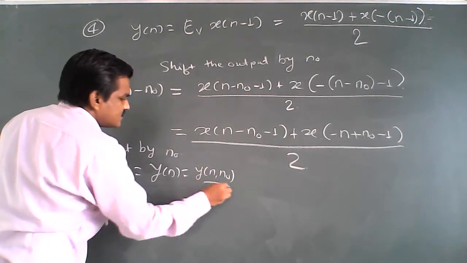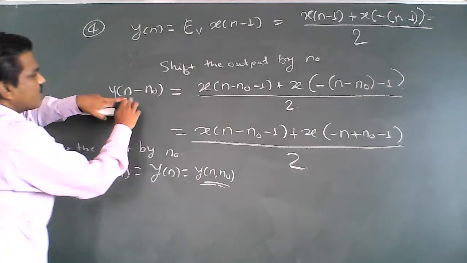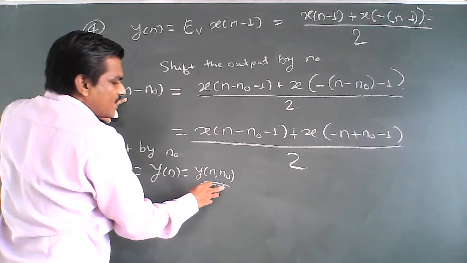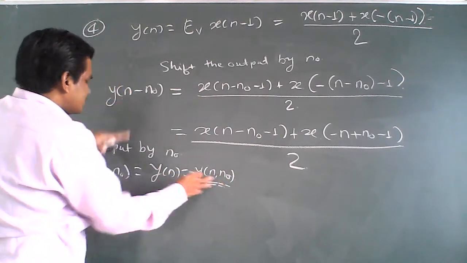This is different from this. This is y of n minus n0. This is y of n comma n0. Comma meaning we are just shifting the input.